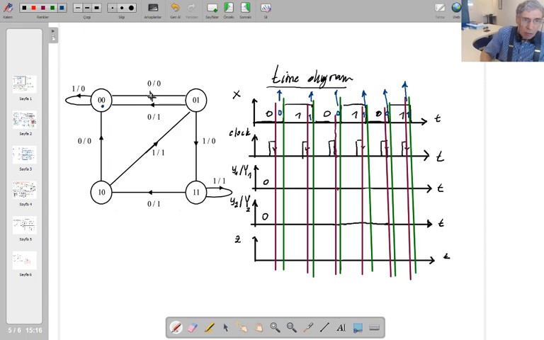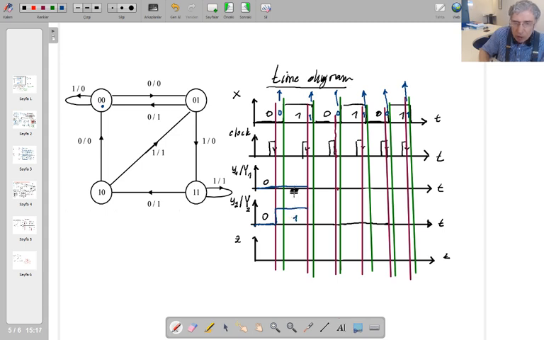That's this one. My next state is 0, 1. So I draw that my next state is 0, y1, and that's going to be 1. So this blue one now I am drawing.